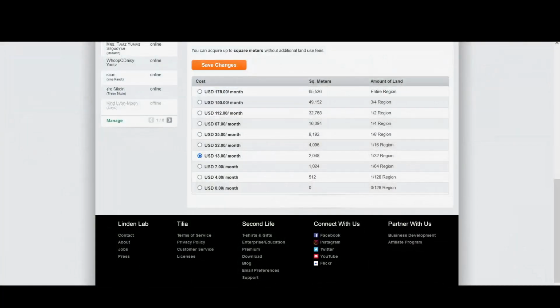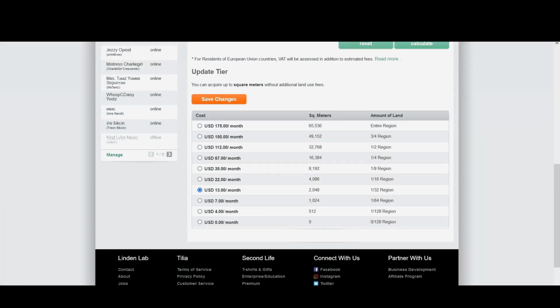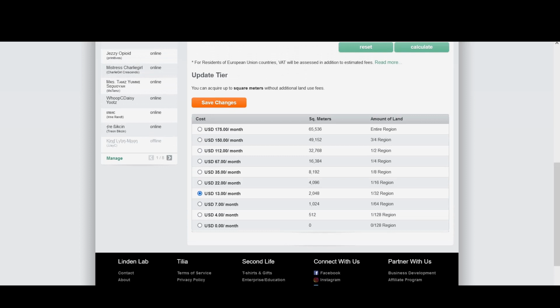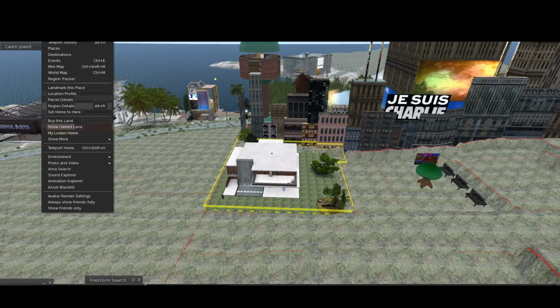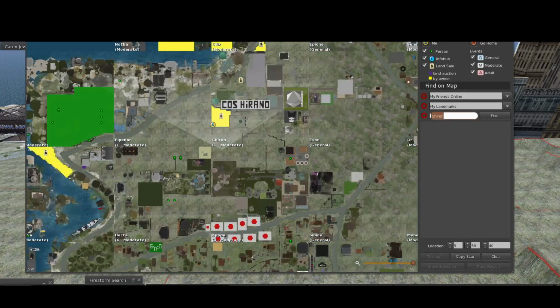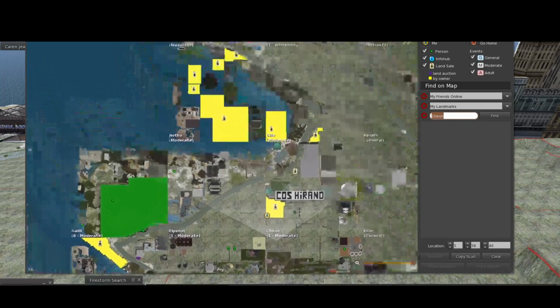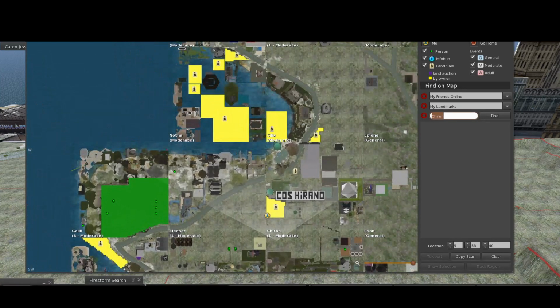that is the other way of obtaining land through the world map, and just looking for your yellow boxes, looking for your little dollar signs.